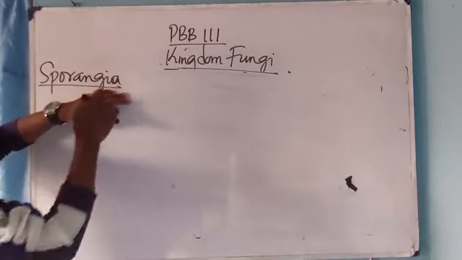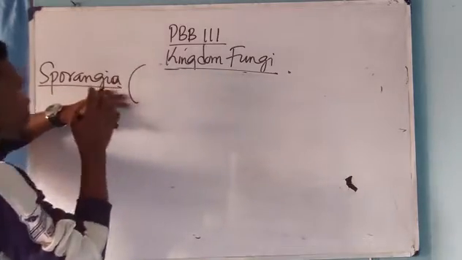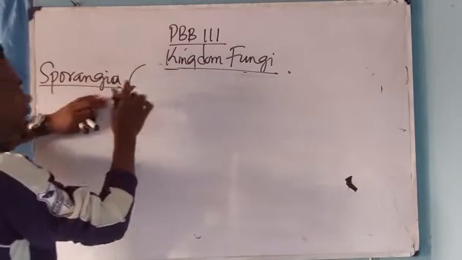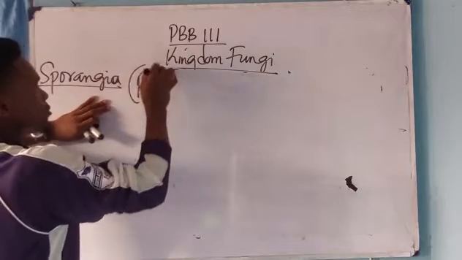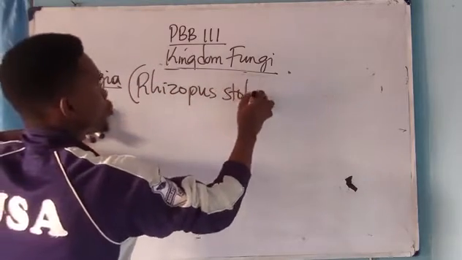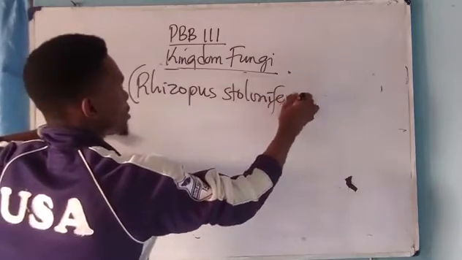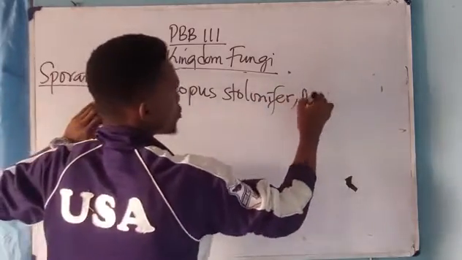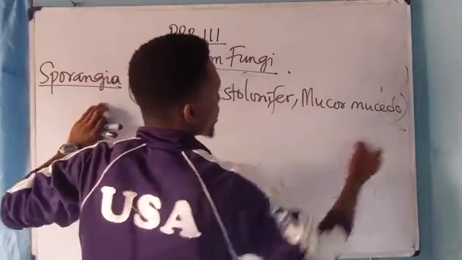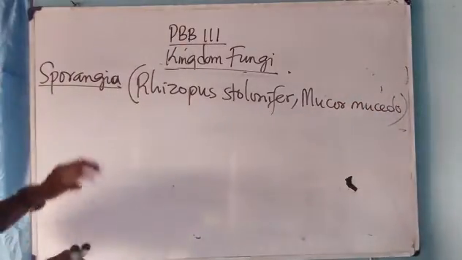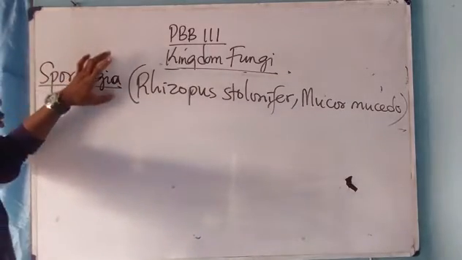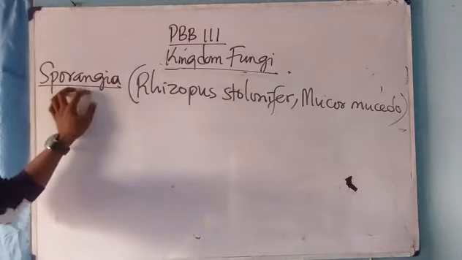Good examples of fungi that possess such sporangia are Rhizopus stolonifer and Mucor mucedo. Mucor mucedo and Rhizopus stolonifer possess sporangia, which means their spores are found in sporangia.